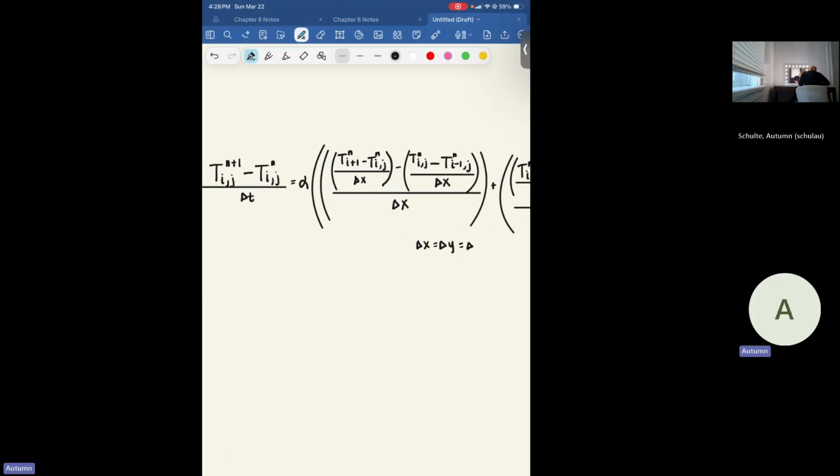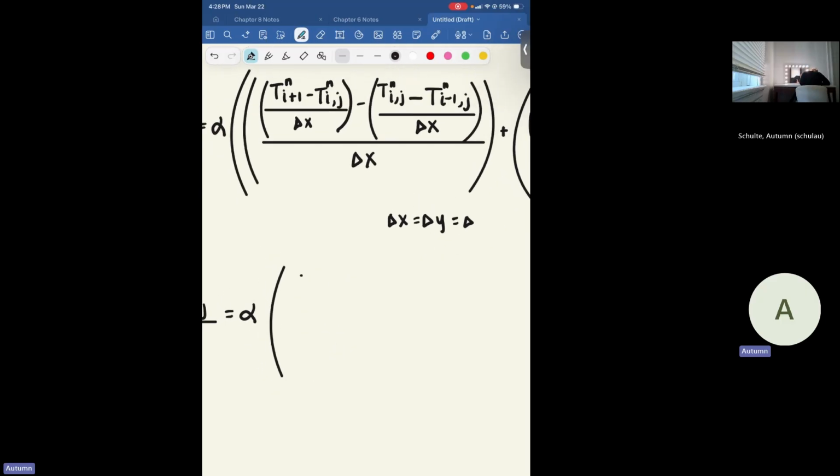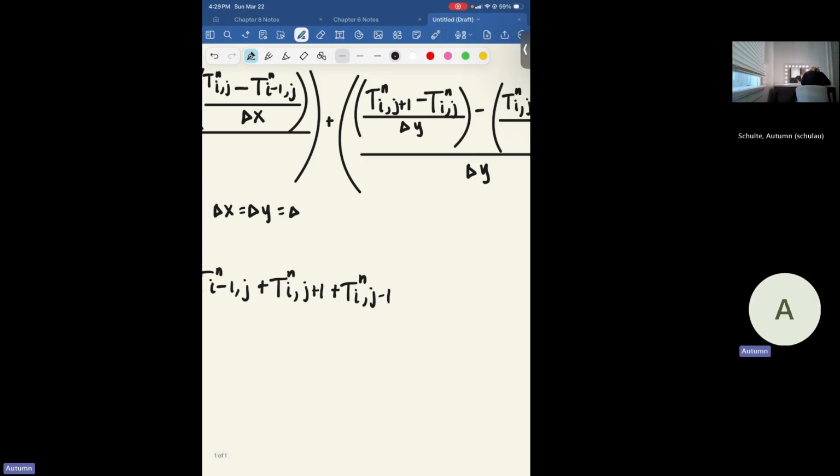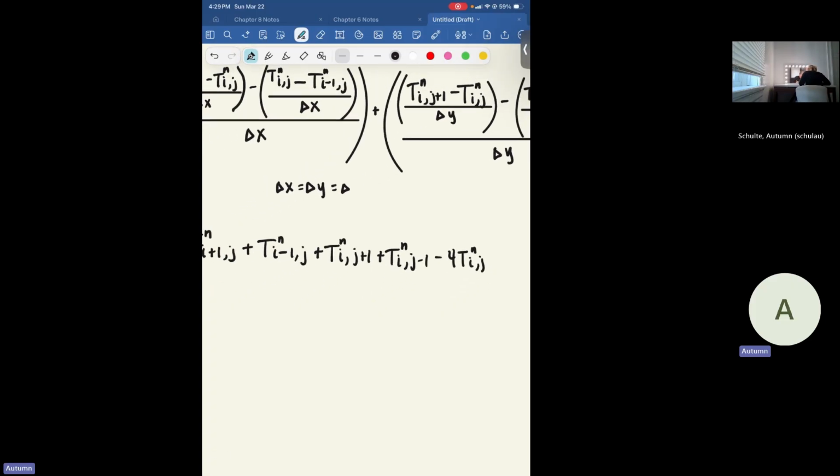So if we start to write this out, we can have the same expression on the left side equal to our alpha still, multiplied by the temperature to the right of us plus the temperature to the left of us plus the temperature above us plus the temperature below us minus 4 times the temperature at our position at the current time n.